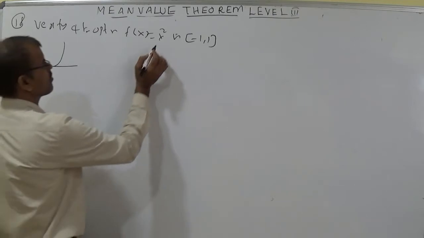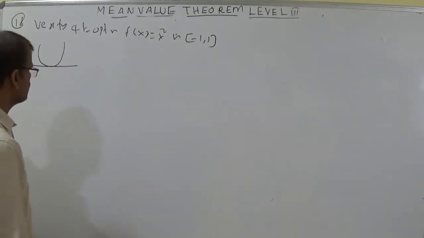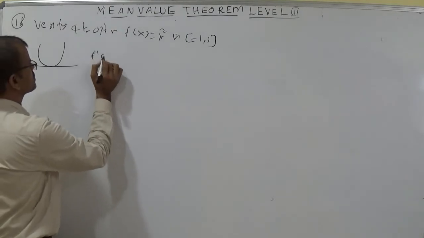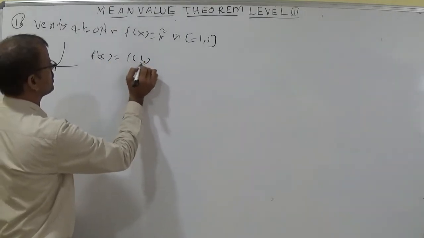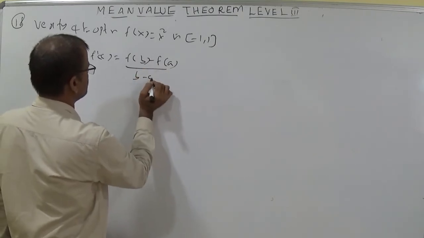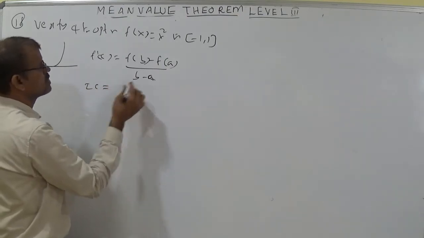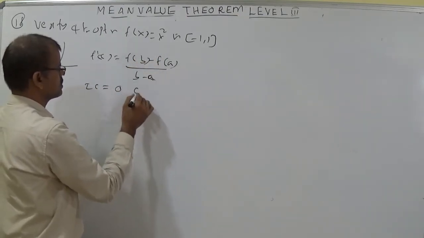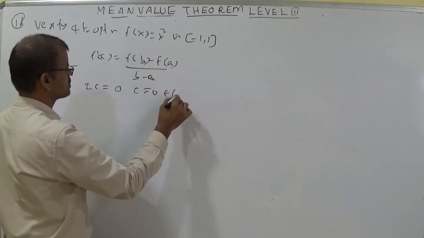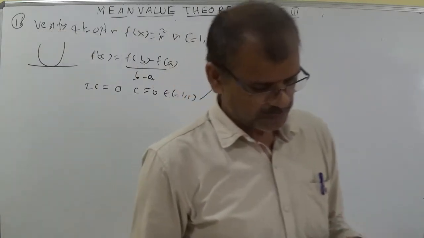And for a parabola, we know the tangents, the normals, everything is there. It is differentiable. And f dash c is equal to f of b minus f of a whole by b minus a. So f dash c means here 2c. 2c is equal to 1 minus 1, 0, c is equal to 0. 0 belongs to open interval minus 1 comma 1. So verified fourth option.